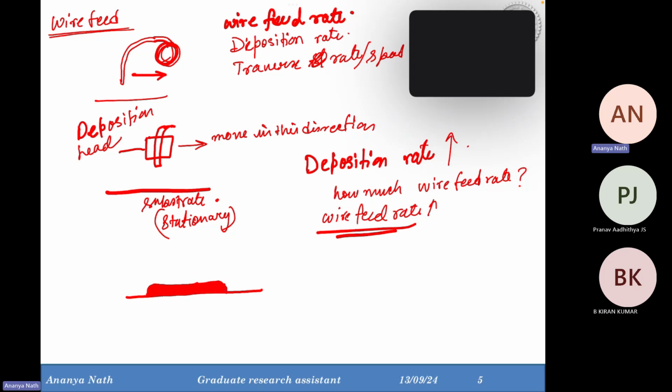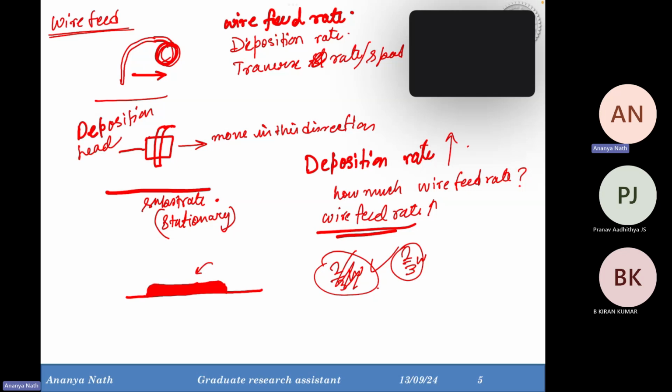The upper surface should be as flat as possible, and now you will have the overlap. From the last lecture, if you can recall, in FTM there was a process, something like 2 by 3 bead width.